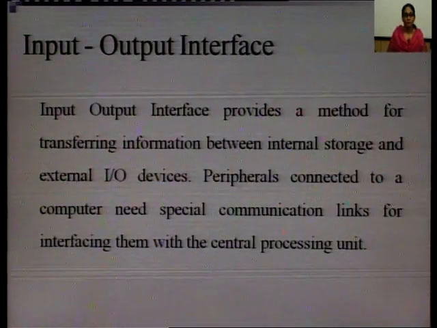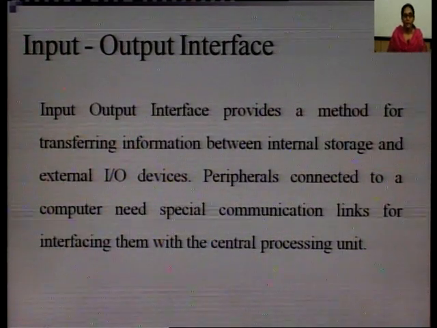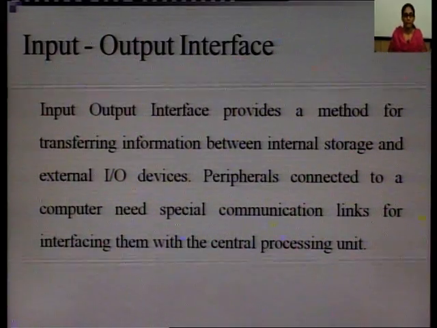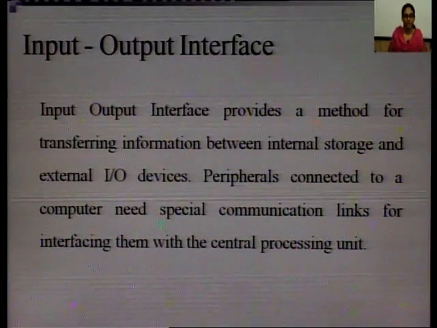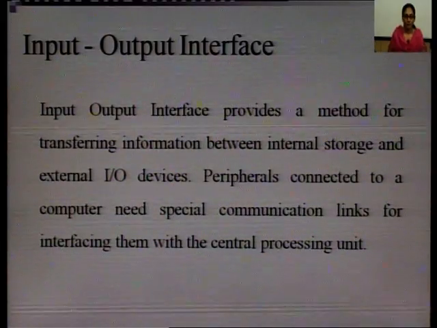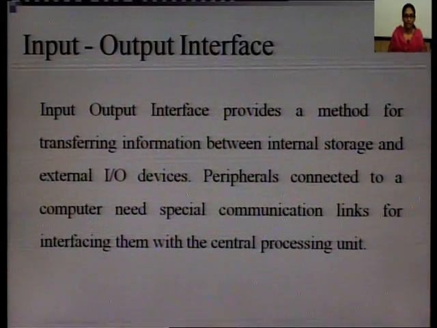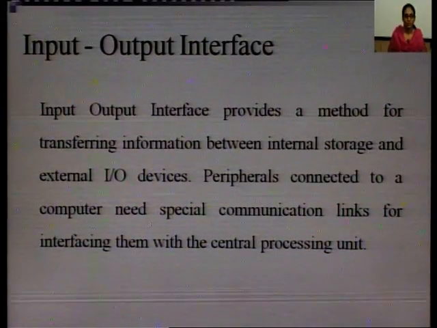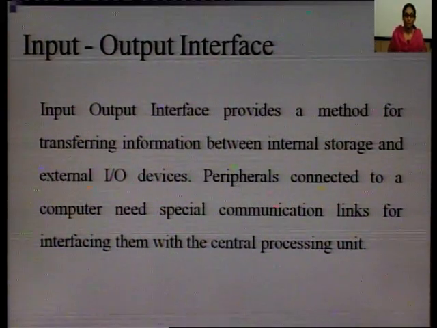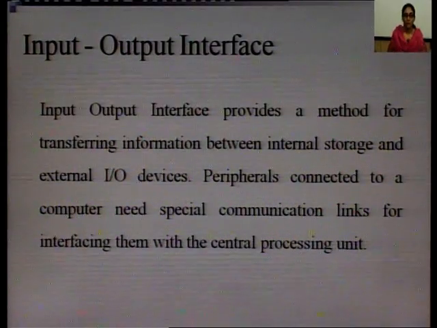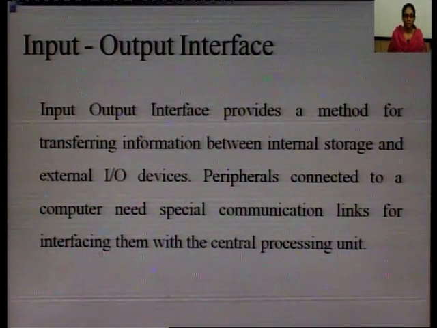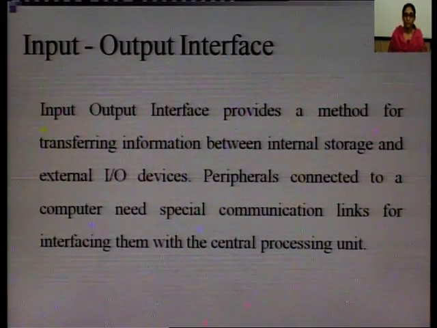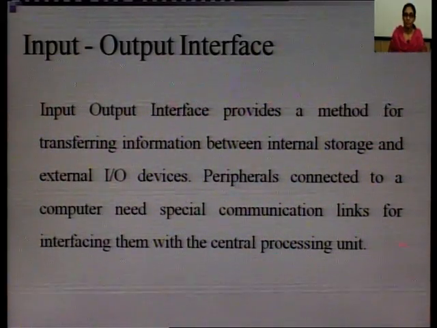Now why we require the interface, or we can say the interface unit is very important, so that we can connect the computer processor and the peripheral devices. So input output interface provides a method for transferring the information between internal storage and the external input output devices. So the peripherals connected to the computer need a special communication link for interfacing with the central processing unit, which is the processor.